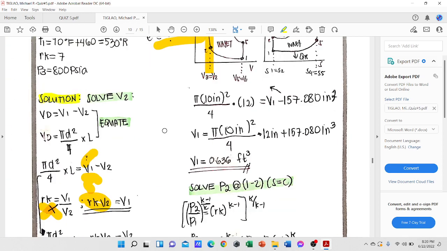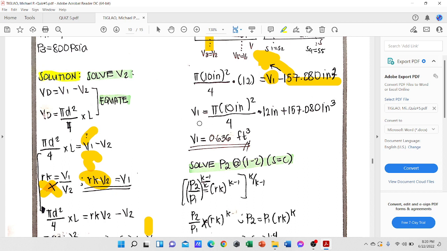I placed our volume 2 here: pi times quantity 10 inches squared all over 4 multiplied by 12 inches equals V1 minus 157.080 cubic inches. To get the final value of volume 1, I moved volume 2 to the other side, so volume 1 equals pi times quantity 10 inches squared all over 4 multiplied by 12 inches plus 157.080 cubic inches. As with volume 2, I converted it into feet.